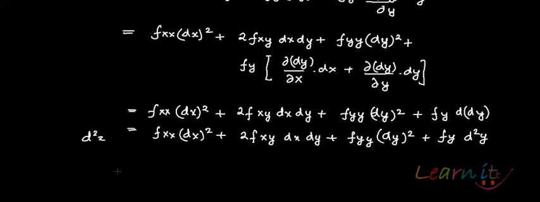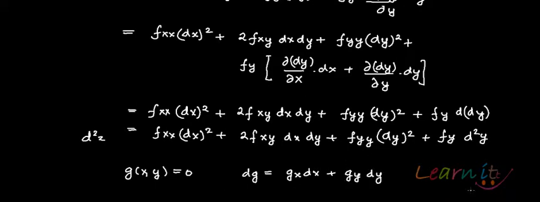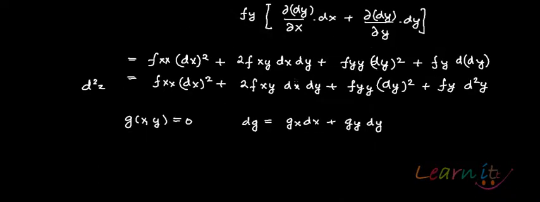And you have a constraint also. Your constraint is gxy equal to 0. This is what the constraint is. Again, taking the differential, we will have dg equals to gx dx plus gy dy. And you can take up the same procedure as we have taken up above, and you will have exactly the same kind of expression here also for d2g, which will be gxx dx square.